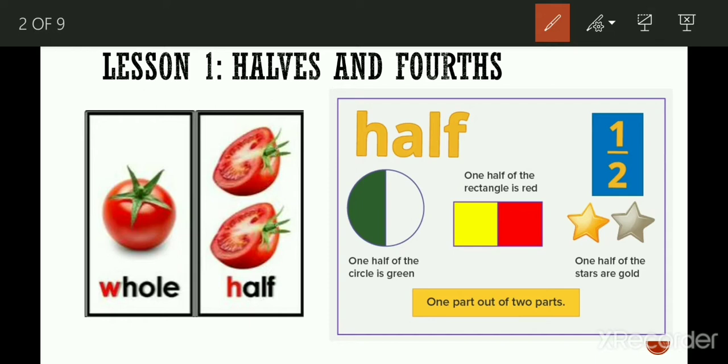When a whole is divided into two equal parts or halves, each part is called a half or one half of the whole.